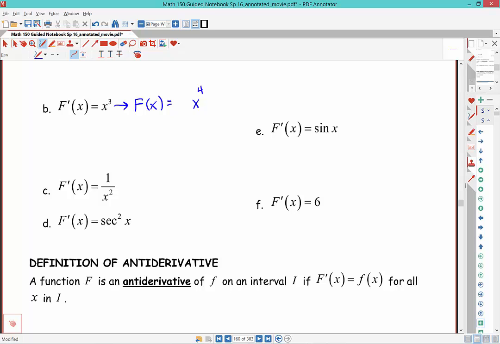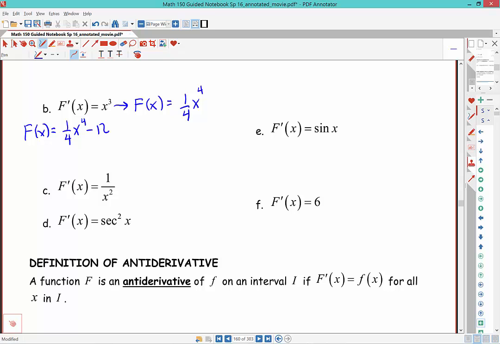That means when the 4 dropped down, it was divided out. So wouldn't you have to have a 1/4 in front for us to get a derivative of x cubed? Good. Now, is that the only one? No, right? We could have capital F of x is 1/4 x to the 4th minus 12, etc.